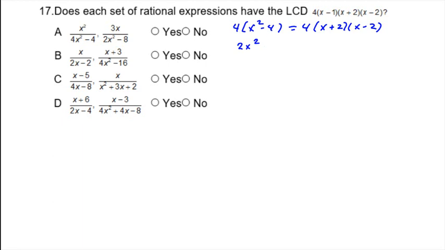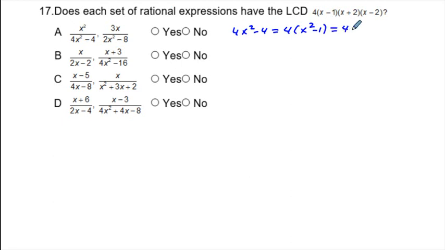I don't think I got this right. Let me get this right. The first one, 4 times quantity x squared minus 4. Oh man, I'm just not rewriting. 4x squared minus 4, that's what it is, equals 4 times quantity x squared minus 1.